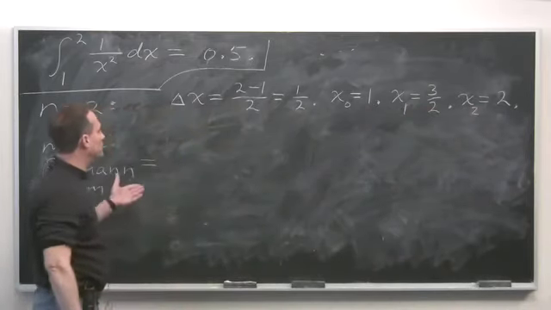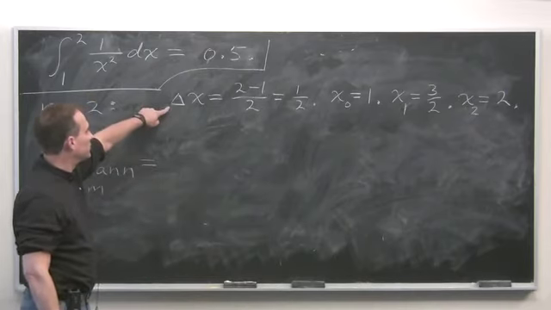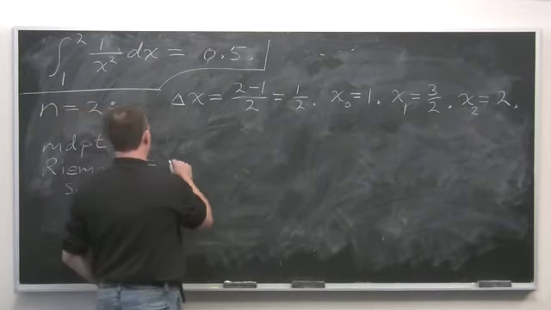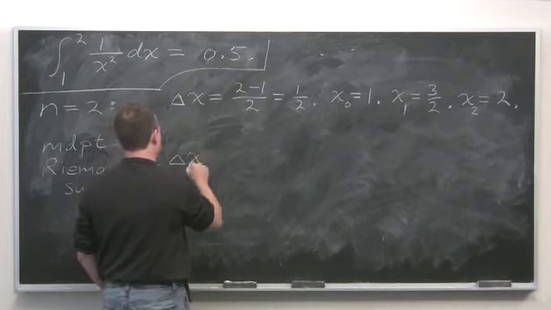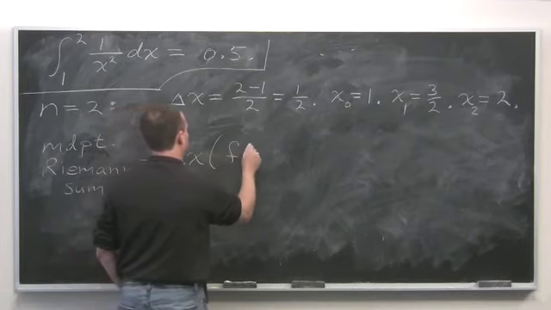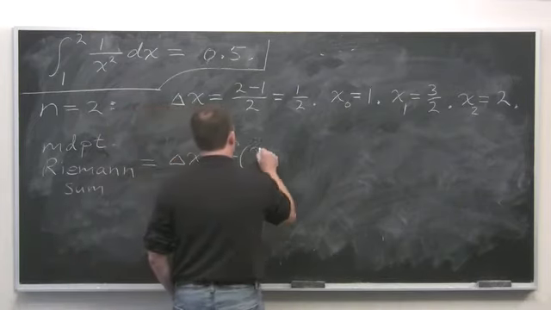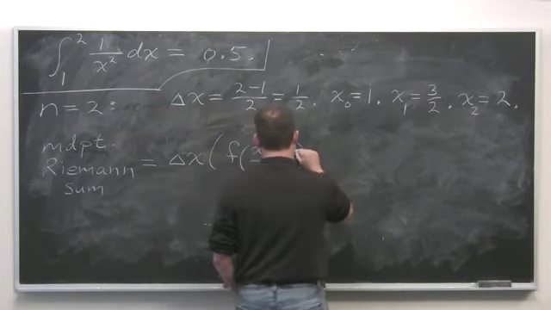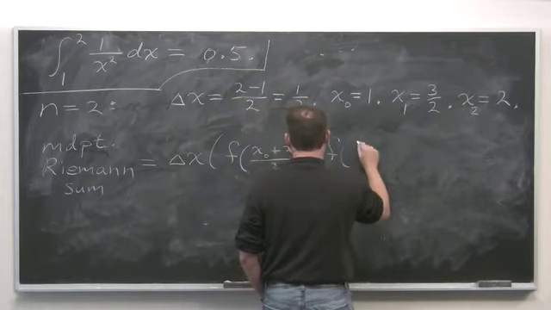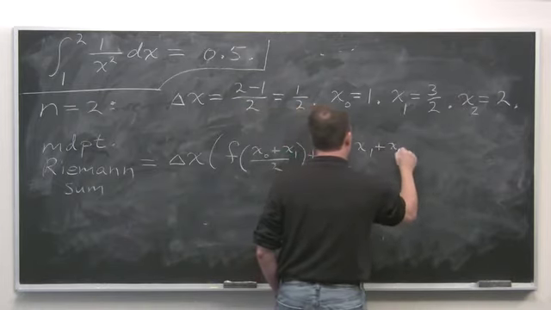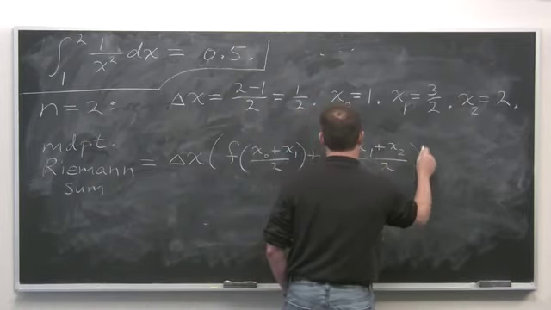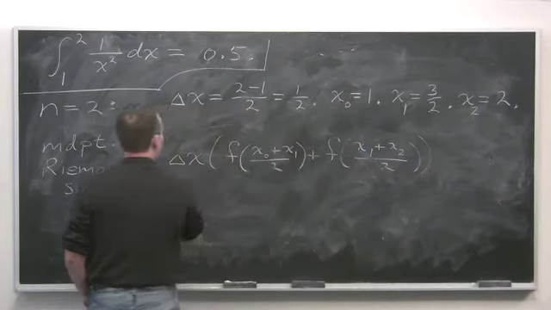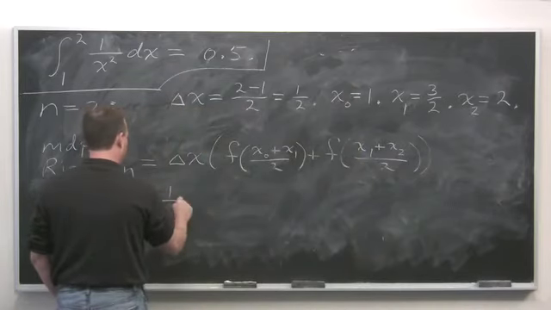The midpoint Riemann sum is just delta x times f of x naught plus x1 over 2 plus f of x1 plus x2 over 2. Here delta x is a half.